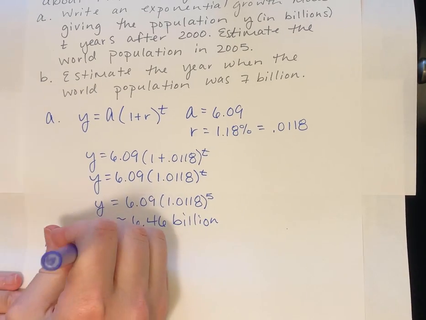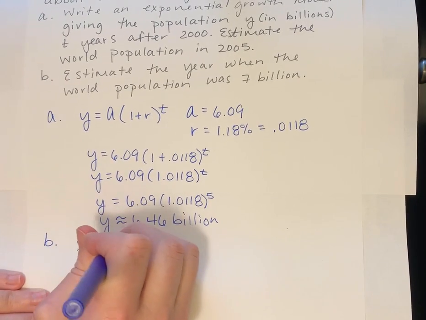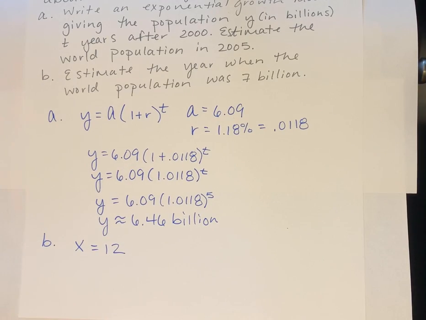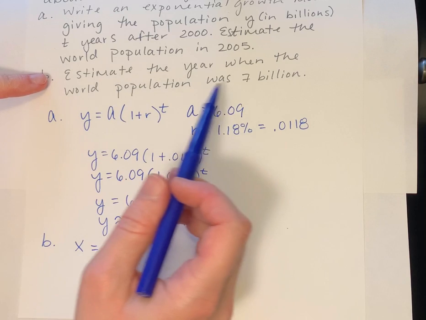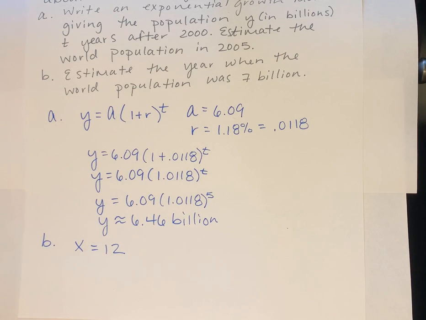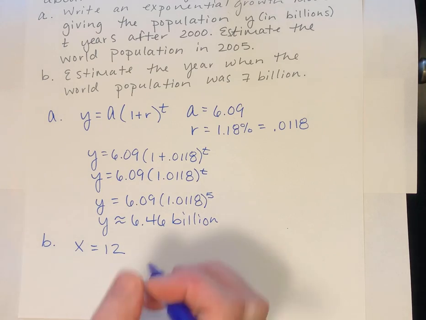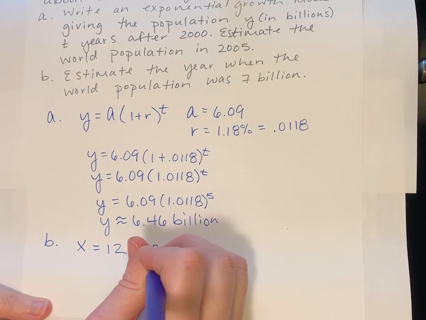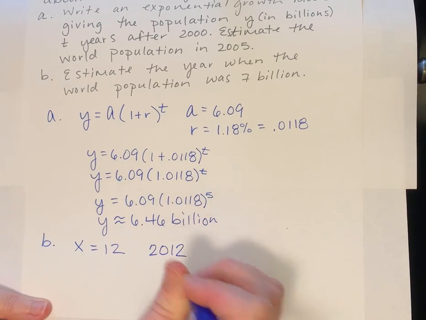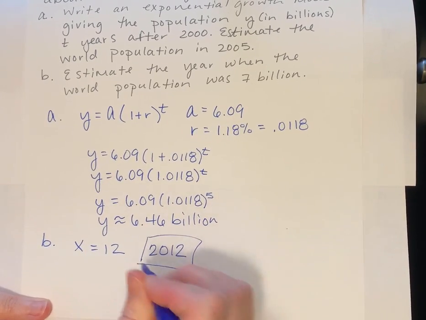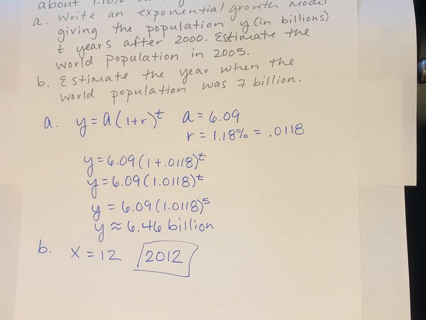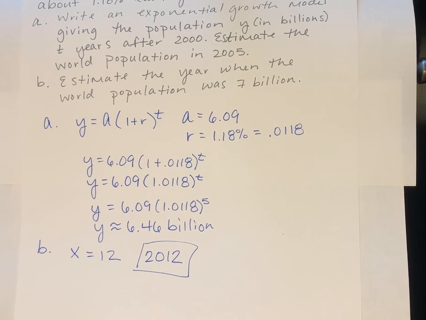So x equals 12, right? But we want to know the year specifically. Well, 12 is just how many years we are after 2000. So really our answer is going to be 2012. Okay.